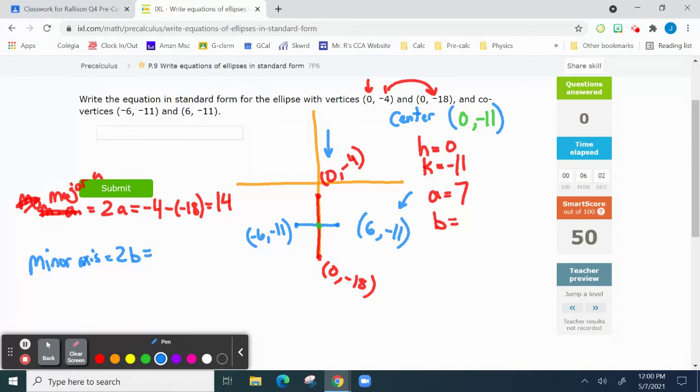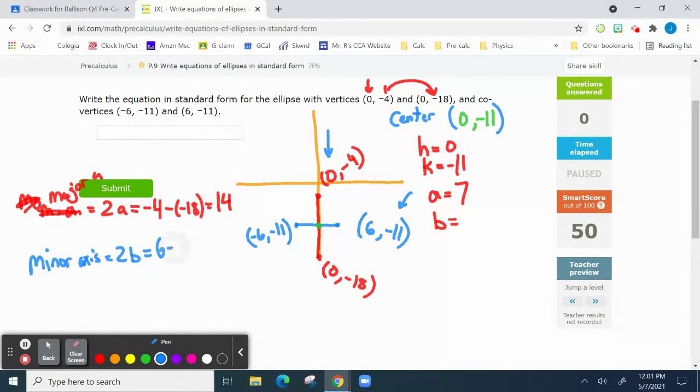And what is 2b going to be? Well, we'll start from the more positive 6, and we'll subtract the other one. 6 minus negative 6. That's going to be 12, right? And that's everything you need to know, isn't it?